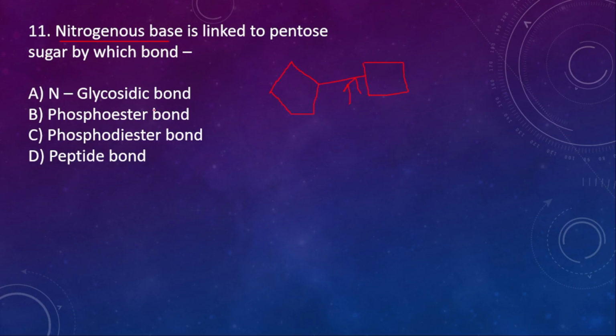Option A, N-glycosidic bond, B, phosphoester bond, C, phosphodiester bond, and D, peptide bond. Here the right option is option A, N-glycosidic bond. This bond is said to be the N-glycosidic bond.